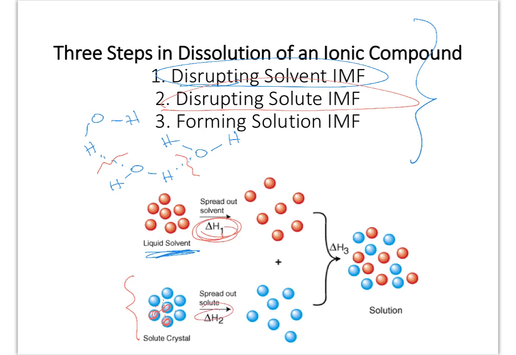Why would it even happen if it costs so much energy? Well, if something really does dissolve, all that energy gets returned, and more, hopefully, when new intermolecular forces between the solute and solvent are formed. So hopefully you get your money back on your investment.